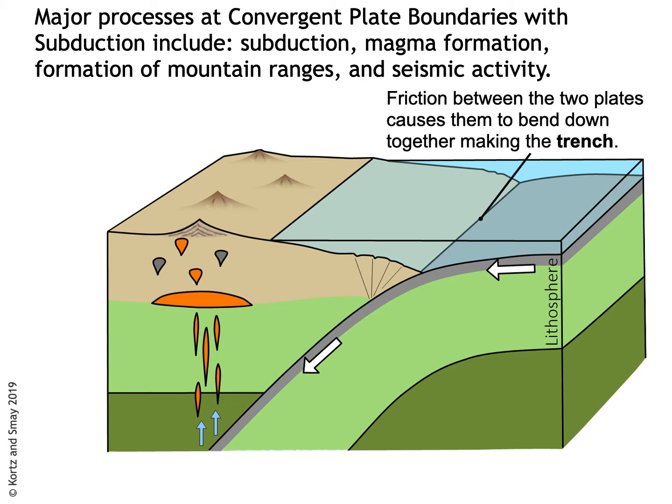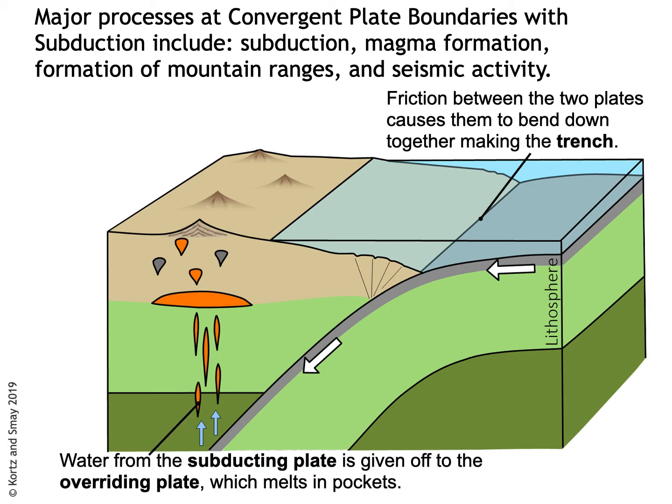First, friction between the two plates as they converge causes them to bend down together, making this long, narrow valley called the trench. Second, water from the subducting plate is given off to the overriding plate, and that actually causes part of the overriding plate, or the area between the plates, to melt, so the asthenosphere between the two plates can actually melt in this case.